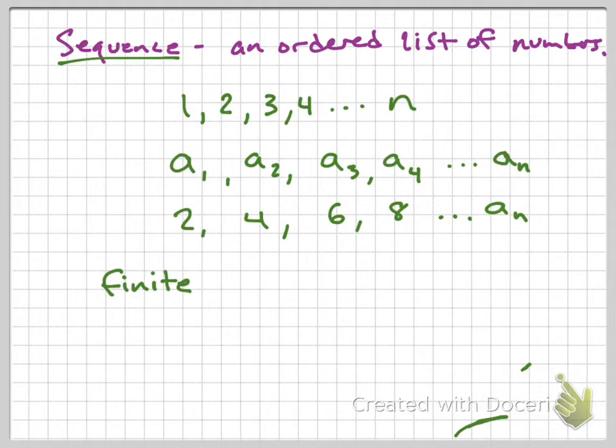So you may think of arithmetic corresponding to a linear equation, and geometric would correspond to an exponential equation. But as we get into series, they're going to be a little bit different. Versus infinite. Never ends. This one ends.